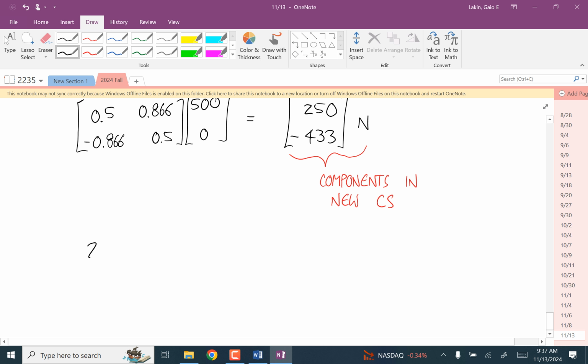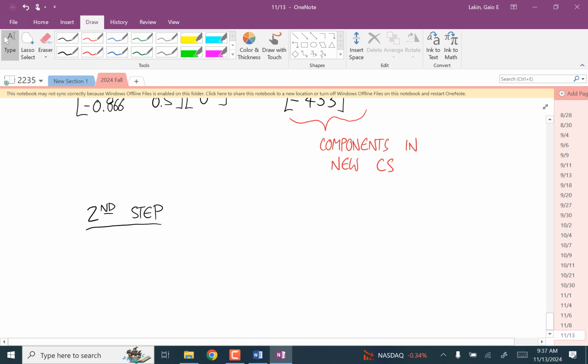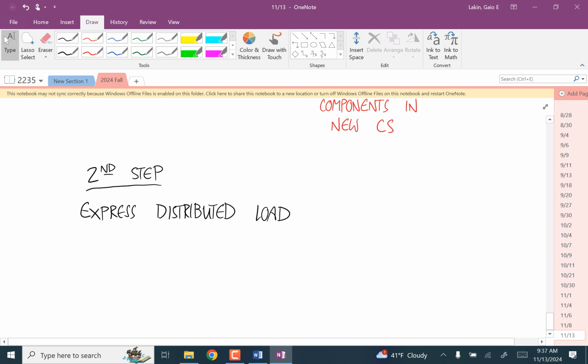And then the second step is you're going to express your distributed load as a vector in your original coordinate system.